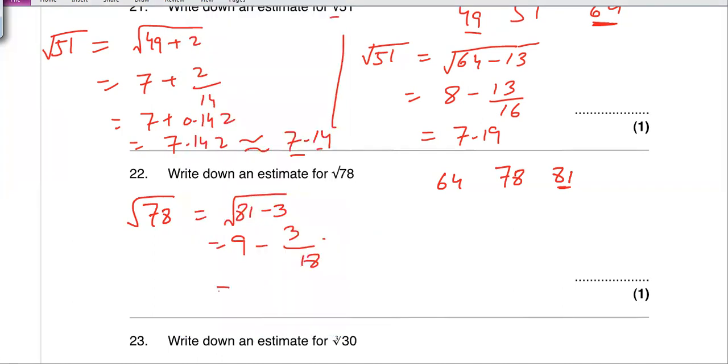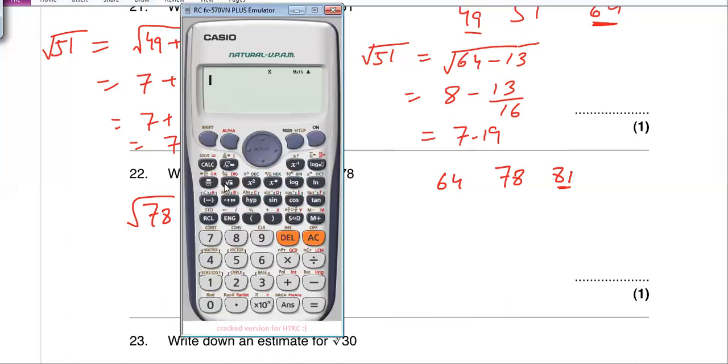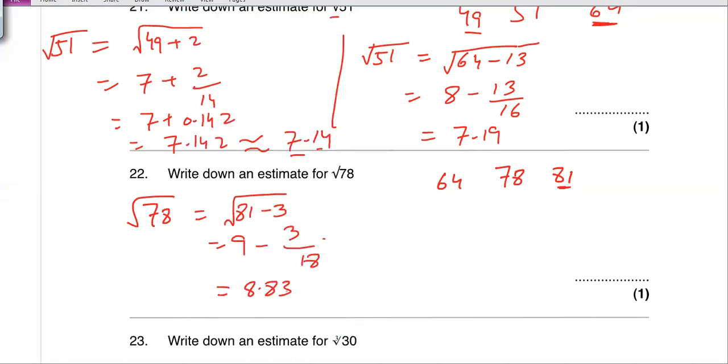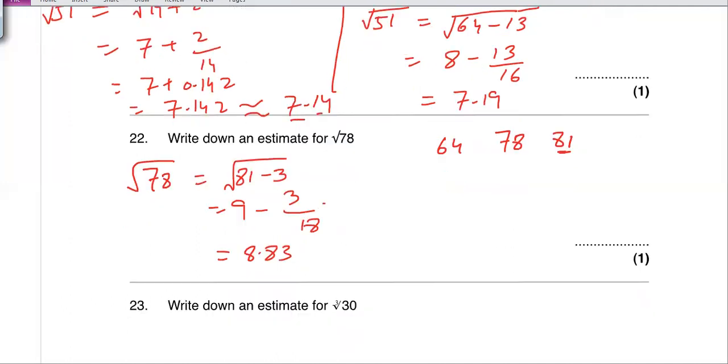So you can write 8.83. If you check your answer directly, the square root of 78 will be 8.833. That is pretty close because we are doing estimation. We are not writing a 100% accurate answer.